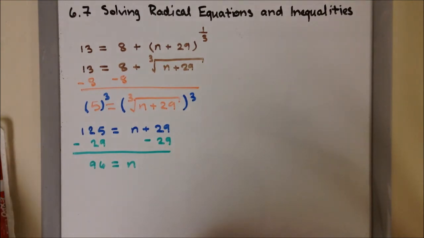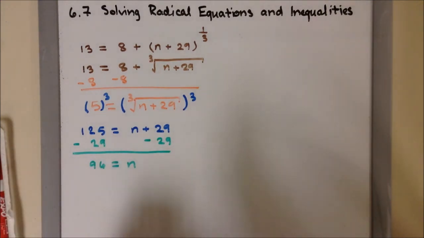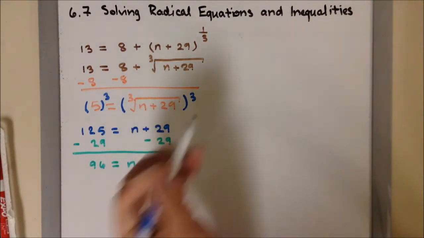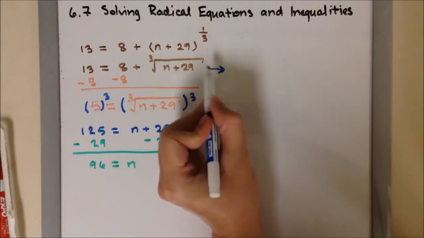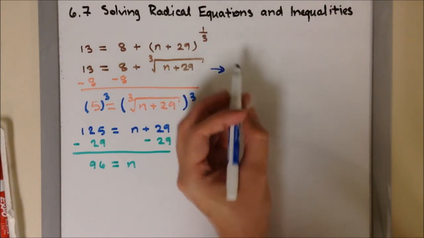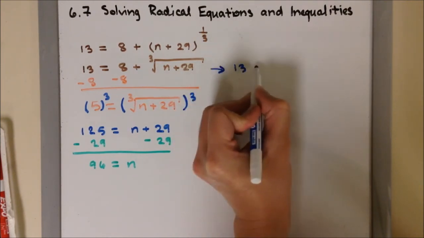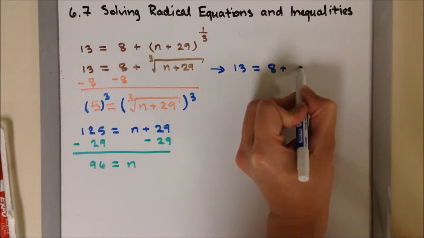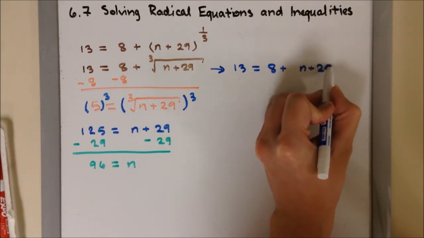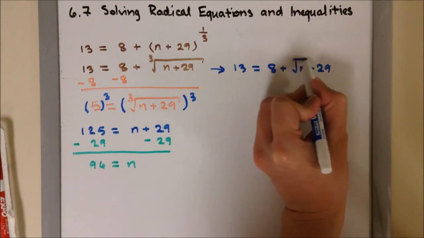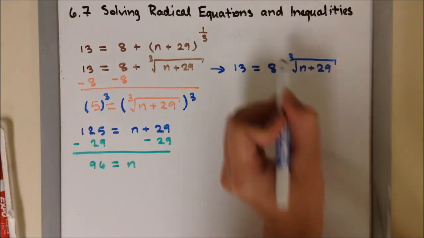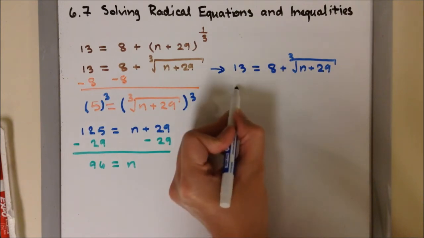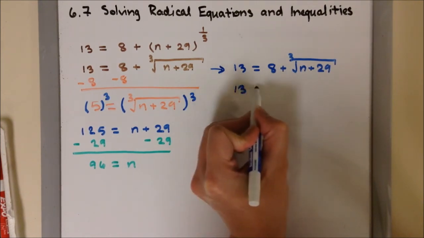Alright, after that, let's check if it's correct. I'm going to plug 96 into the n. I'm going to use the radical form instead of using the rational exponent form. So 13 equals 8 plus the cube root of n plus 29. We're going to plug 96 into the n. Everything else will stay the same.